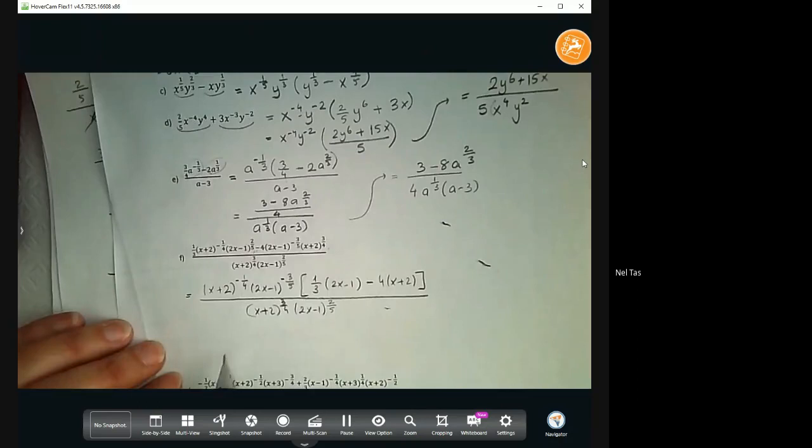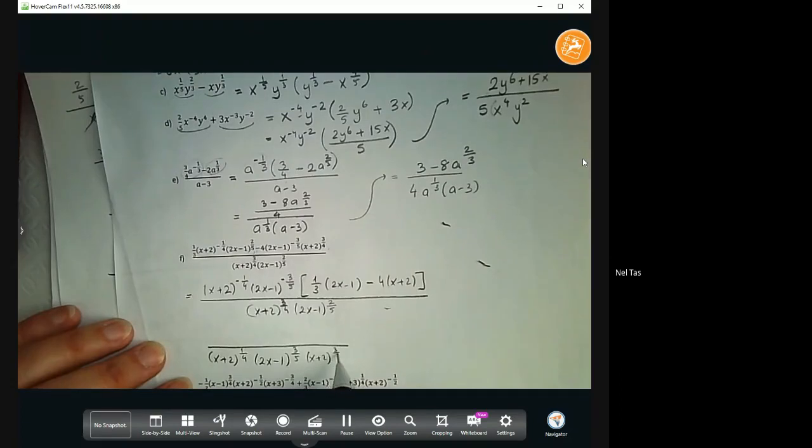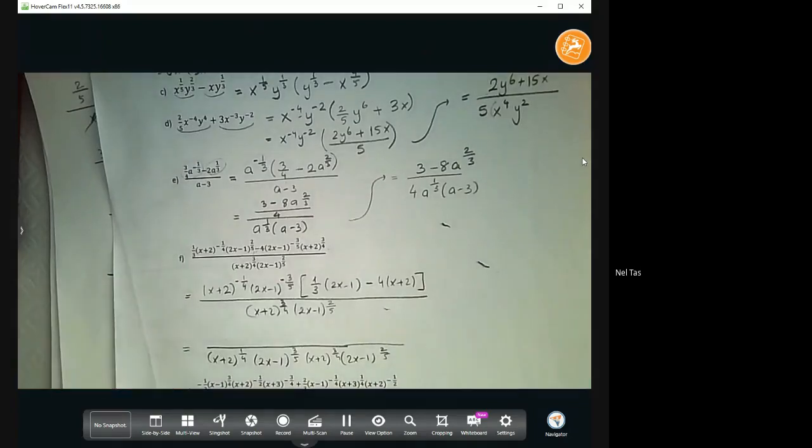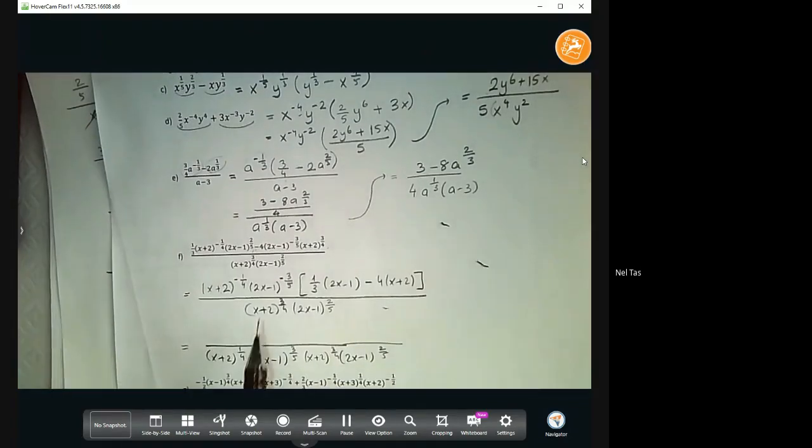Okay, so next step, I'm going to move these to the denominator and make the exponents positive. And I still have x plus 2 to the power of 3 over 4, 2x minus 1 to the power of 2 over 5. Okay, I got rid of these negative exponents, moved them down.